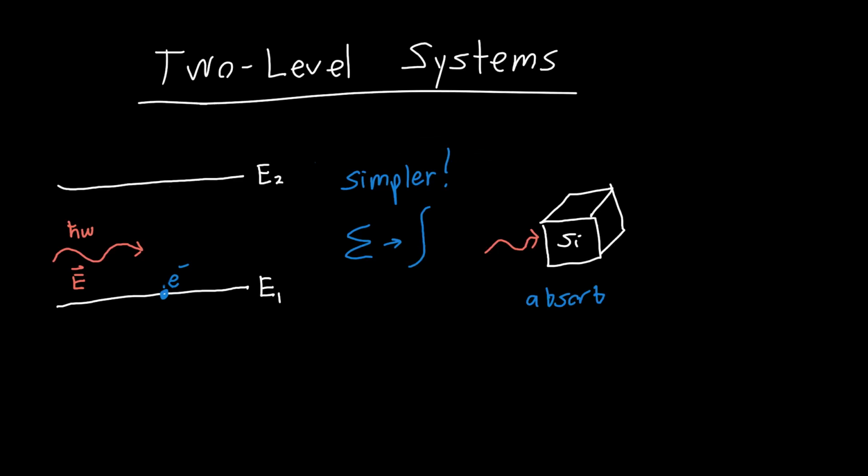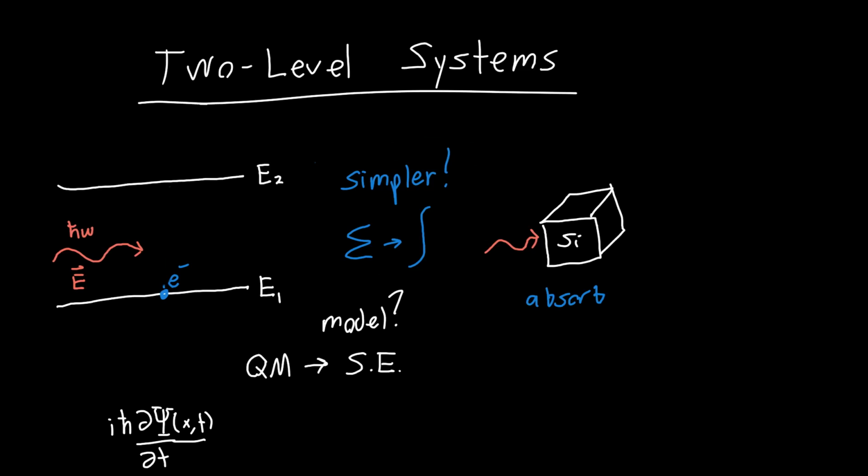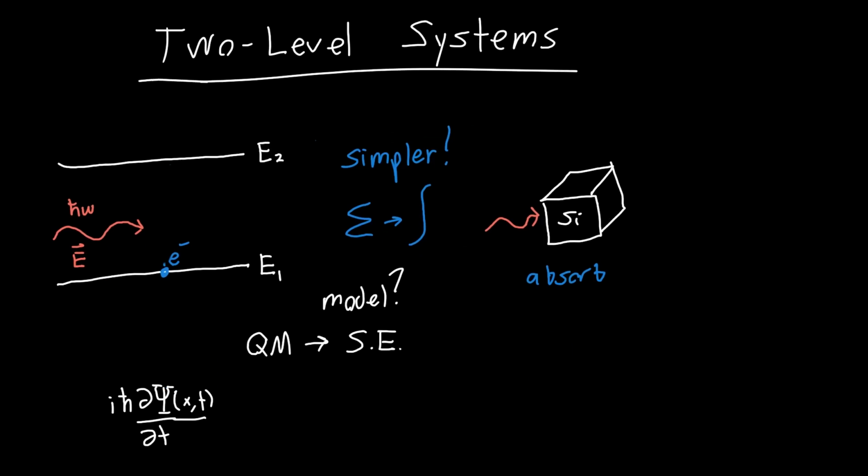So how do we model this system? Well, the answer is we're going to use quantum mechanics, and in particular, Schrodinger's equation. Schrodinger's full equation, we can write as i h bar dΨ/dt, and this is capital Psi, a function of space and time, which I'm just going to write as x for now.